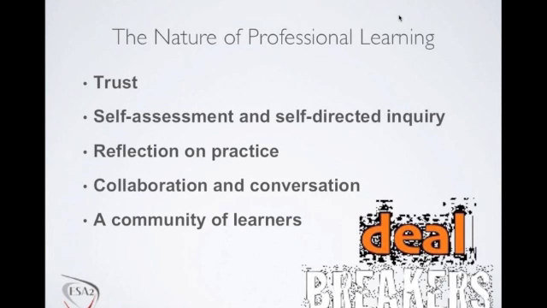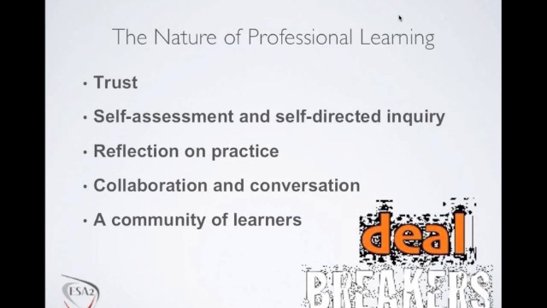And so if you don't have a very trusting environment, if you don't have teachers who trust one another, who trust themselves, and who trust you, then making this a success is going to be a lot harder. It's also very important that there is an outward value placed on reflection, on collaboration, on self-assessment on a regular basis, and assessing our own professionalism in order to grow.